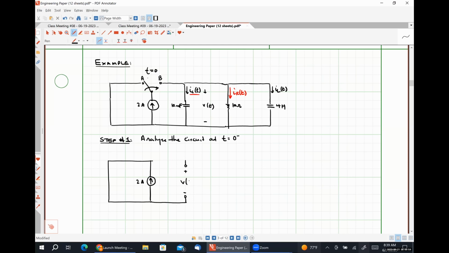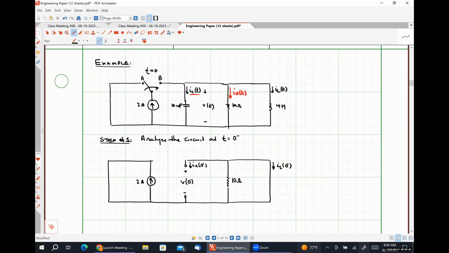So here is V of 0 minus. Our resistor is always going to look like a resistor. So here is our 10 ohm resistor. Sorry, I put 4 Henry capacitor here. This should be an inductor, my apologies. And then my inductor is going to look like a short circuit. Here is IC of 0 minus, and here is IL of 0 minus.